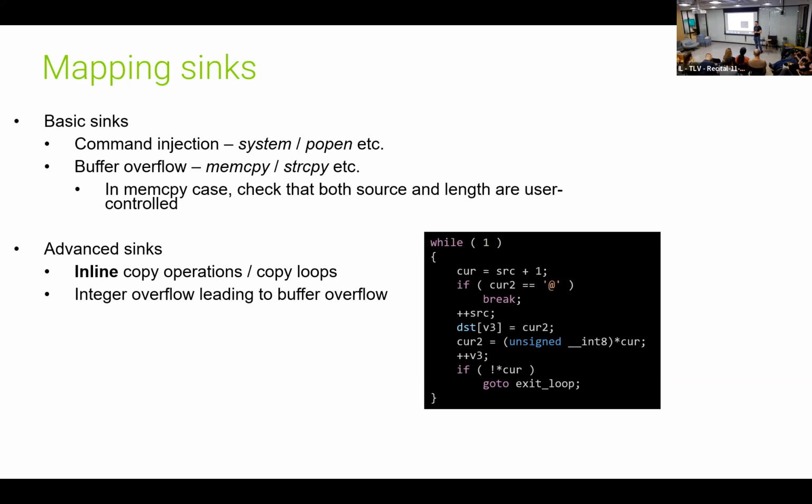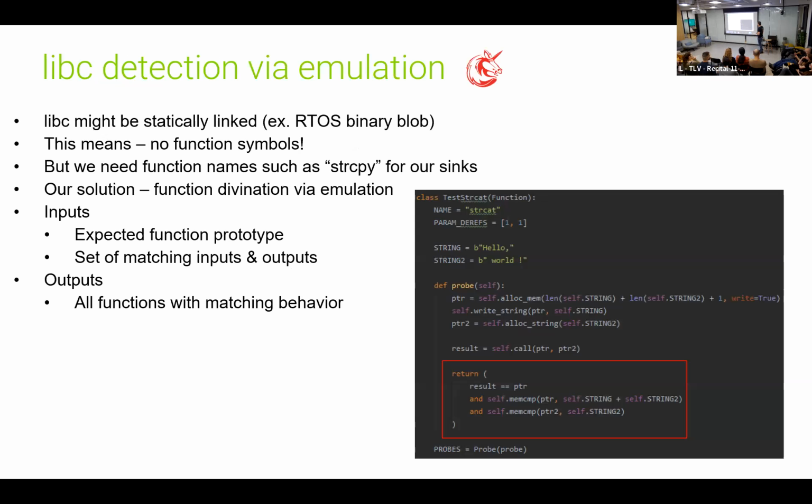By the way, this is something the decompilers do for you. Both IDA and Ghidra, if they see a loop in the code, can say, oh, this is just an inline memcpy or something like that. So basically for each type of CWE or vulnerability, we say, these are the dangerous functions for these CWEs.